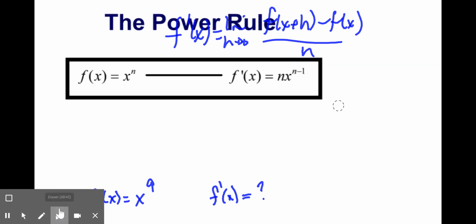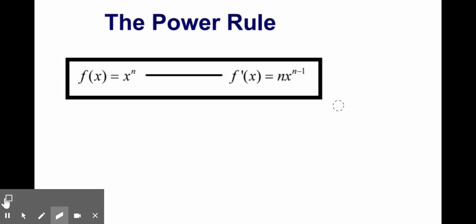So what you should have found in that pattern is what we call the power rule. The power rule just says that if you have x, or a variable raised to a numeric power, you can find the derivative by taking the numeric power, putting it in the front, and taking 1 from the power. Take the power, put it in the front, and subtract 1 from the power.